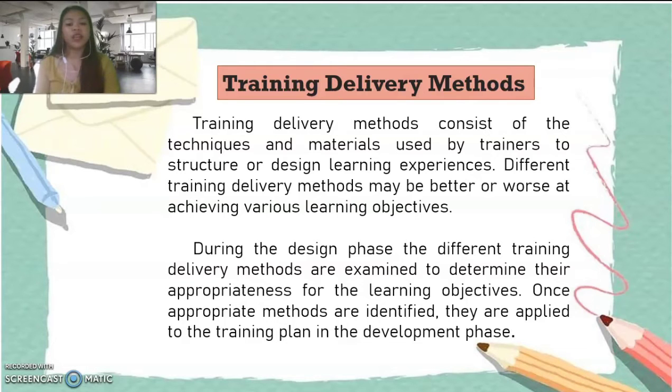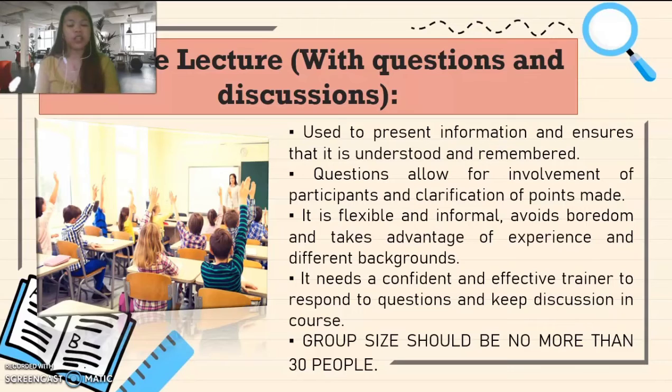So we will tackle now the different delivery methods. First is the active lecture with questions and discussions. I know this is very familiar to you because you are experiencing this too.